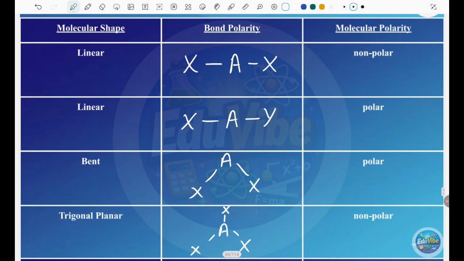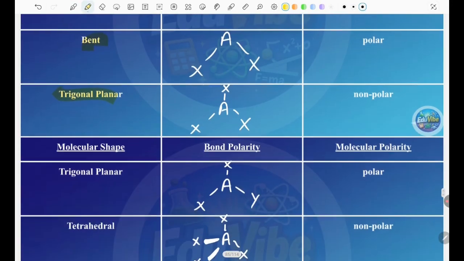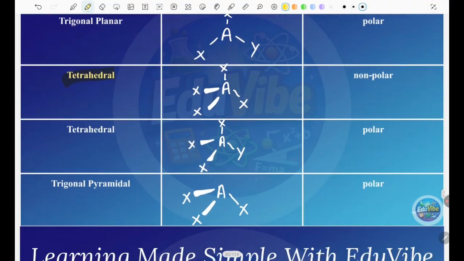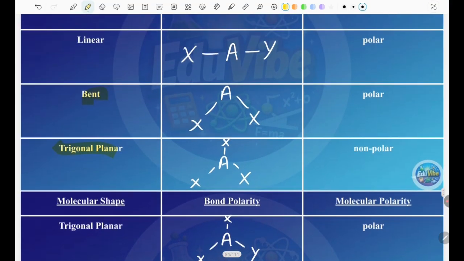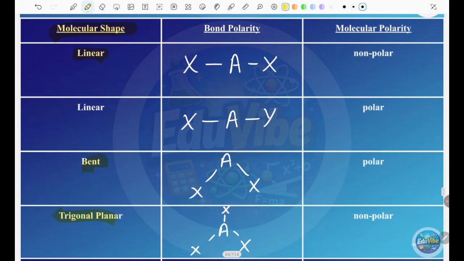In the previous lesson we did VSEPR theory and the molecular shapes, like linear, bent, trigonal planar, tetrahedral, and pyramidal. These are also valid for the polarity concept. To find the molecular polarity of any molecule, we first have to draw its stereochemical structure.